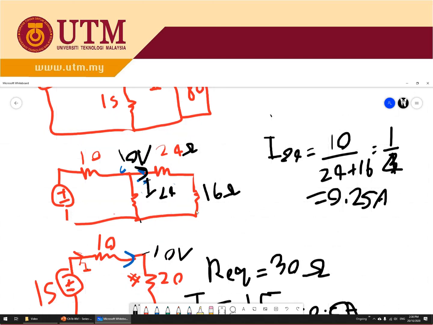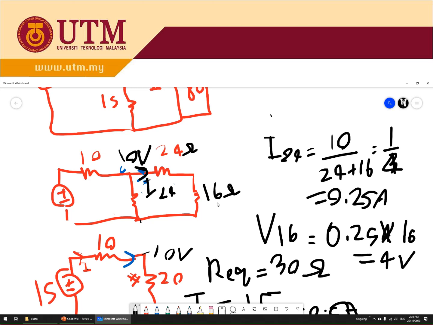Next, you get the voltage across 16. The voltage across 16 ohm is the current passing through here, 0.25 ampere, multiplied by 16 ohm. 0.25 multiplied by 16, you get 4 volt.